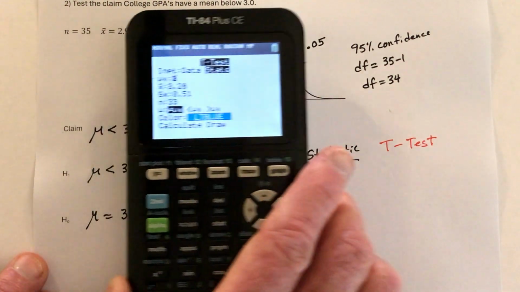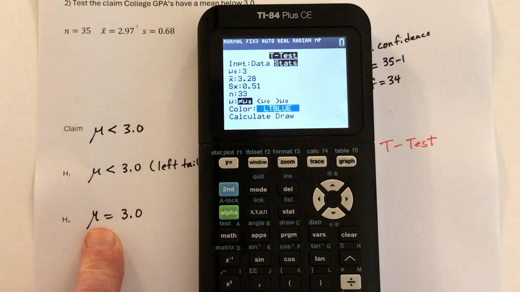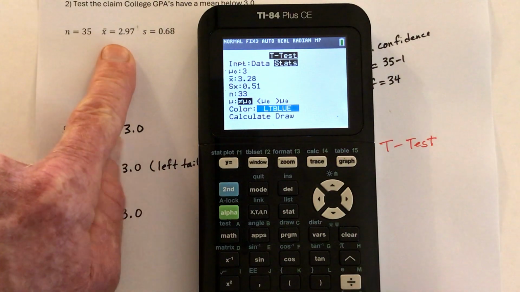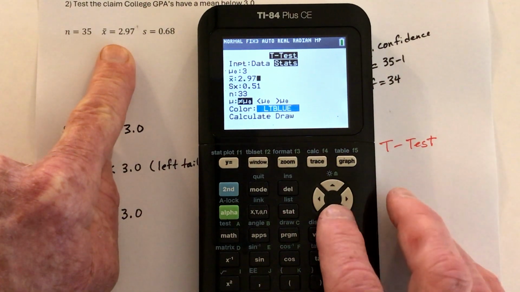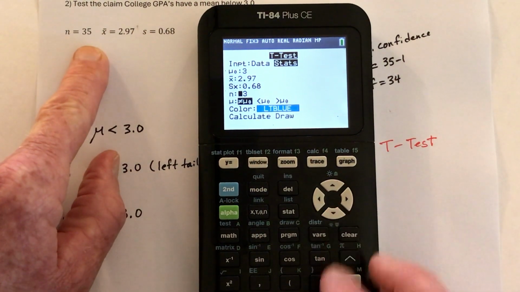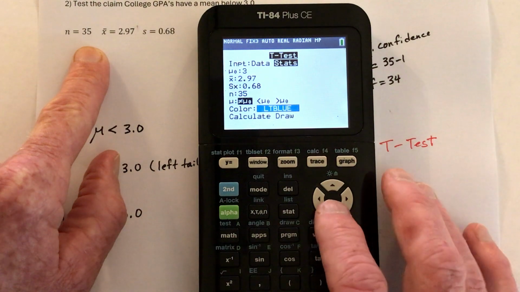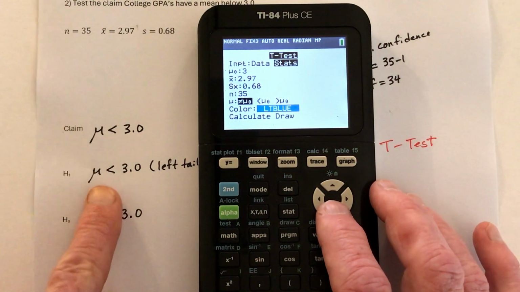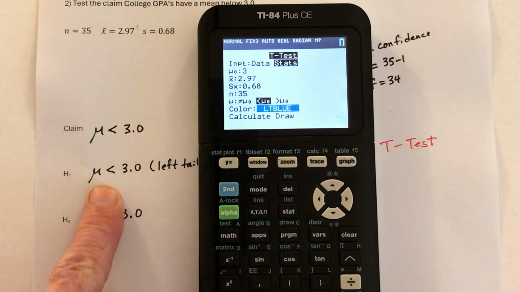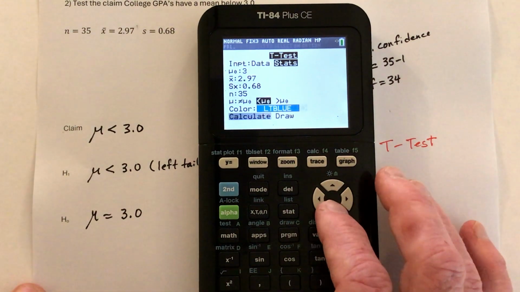So this number is from the H sub O, so that's a 3.0. And then the X bar is 2.97. And the standard deviation is 0.68, and that's based off of 35 students. And then this is a left tail, so I do need to put this as pointing to the left. And then calculate.